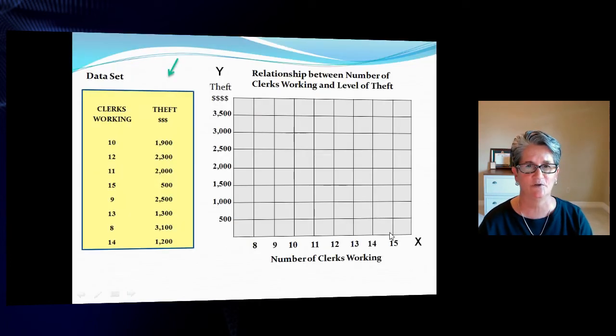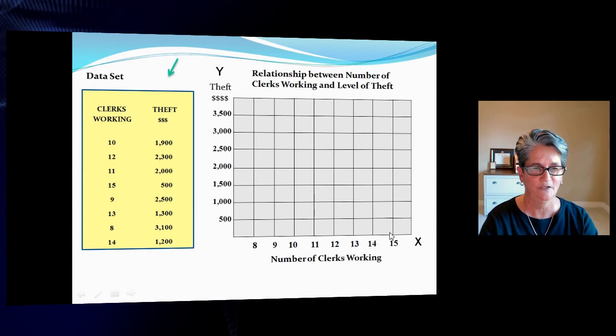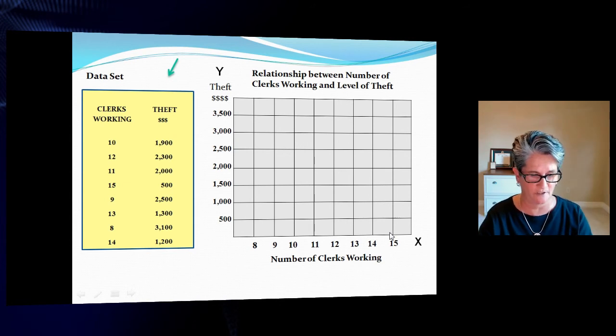You are able to access information that tells you how many clerks are working each shift. Here's what you come up with. Here are the numbers from 1 month of data collection. You're now able to analyze the relationship between the number of clerks working and level of theft in your department store.